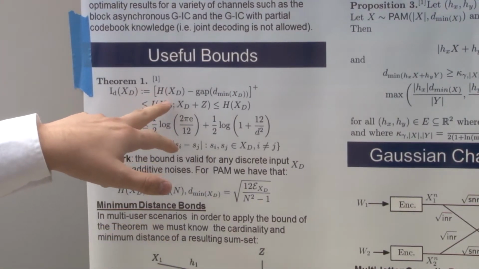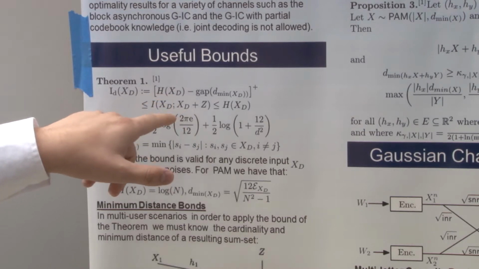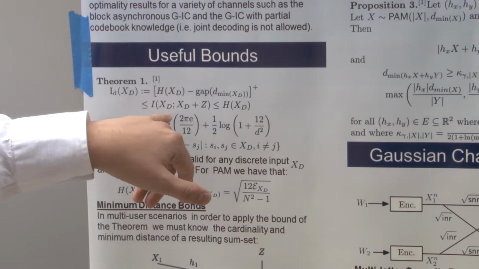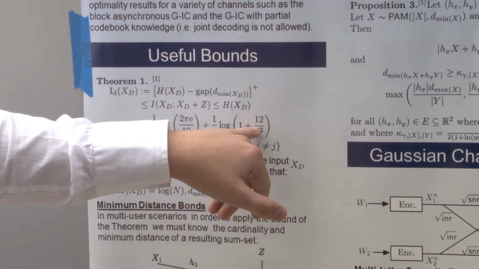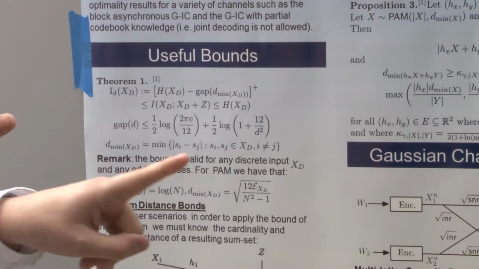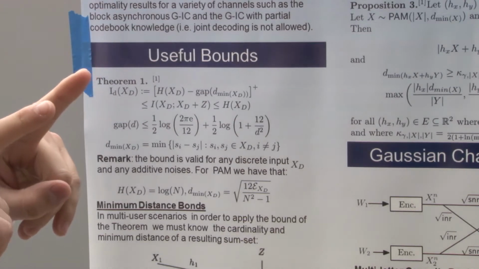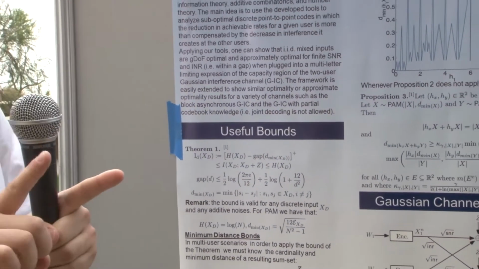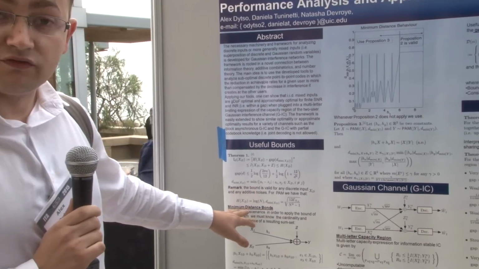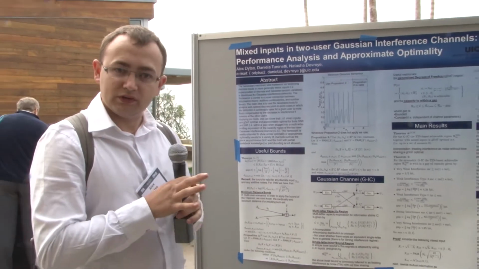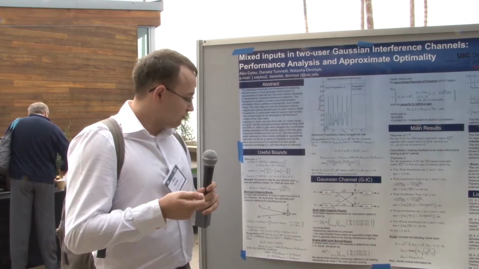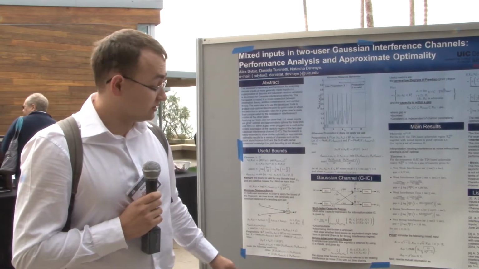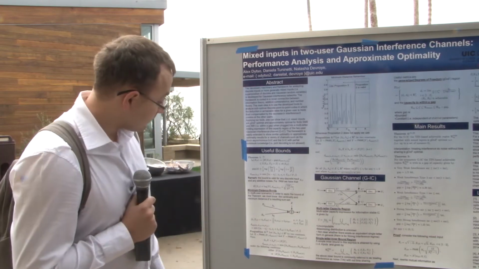The rate is the entropy of the discrete input minus a gap term, and this gap term is a constant minus a term that is a function of the minimum distance between two points. For example, in the case of PAM input, or an equidistantly spaced uniformly distributed random variable, the entropy is log n and the minimum distance is of this form.